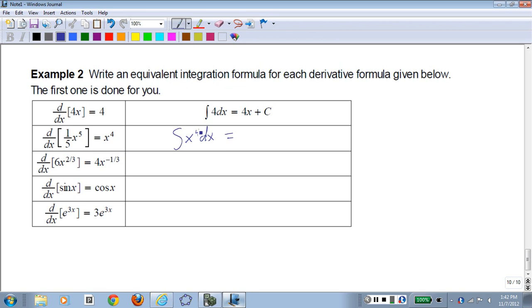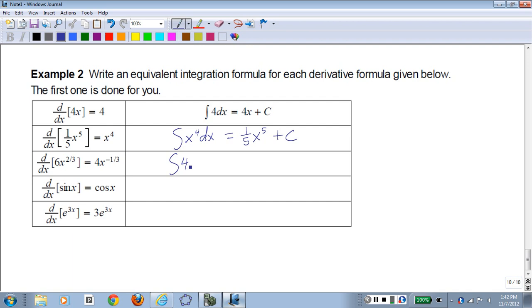What's the opposite of reducing the exponent by 1? Adding 1 to the exponent. And then what's the opposite of multiplying by the exponent? Dividing by the exponent. So how about if we add 1 to the exponent and then divide by the exponent. That will give us an expression whose derivative is x to the fourth.